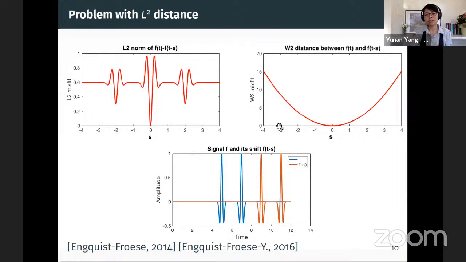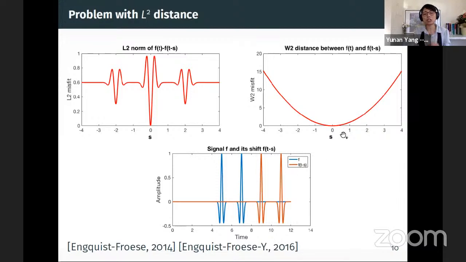But alternatively, if I use the quadratic Wasserstein distance to compare the two signals, everything else remains the same. The only thing we change is the objective function. The optimization landscape looks radically different, which is the picture on the upper right. We get a globally convex optimization landscape, on the order of shift squared.